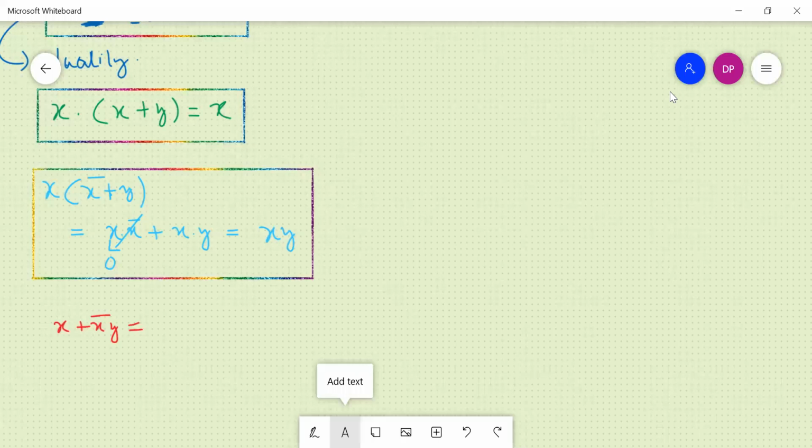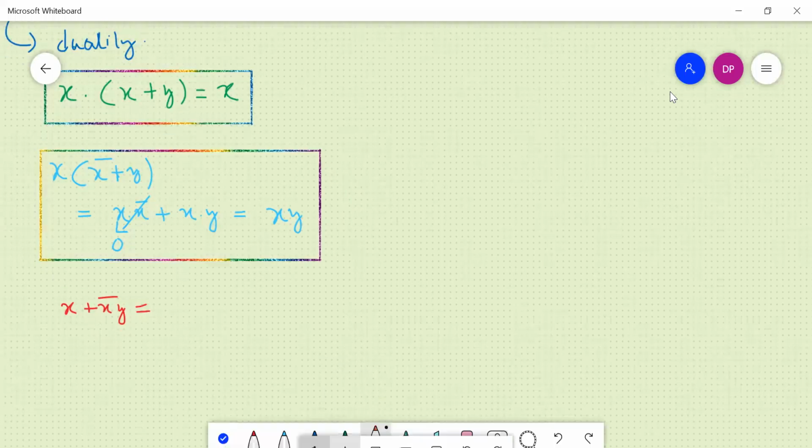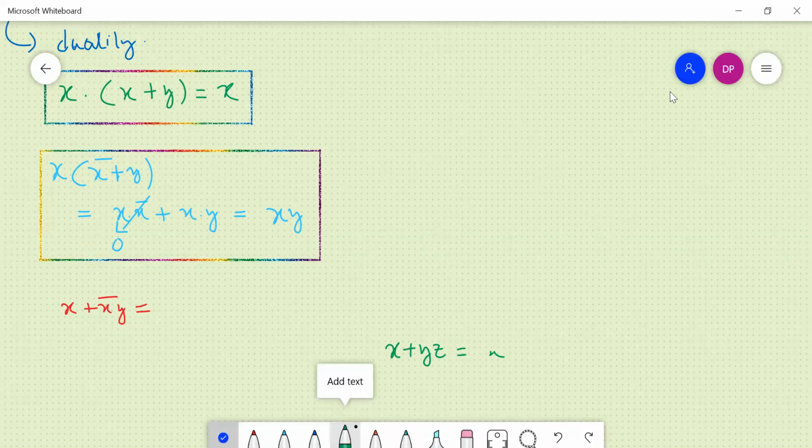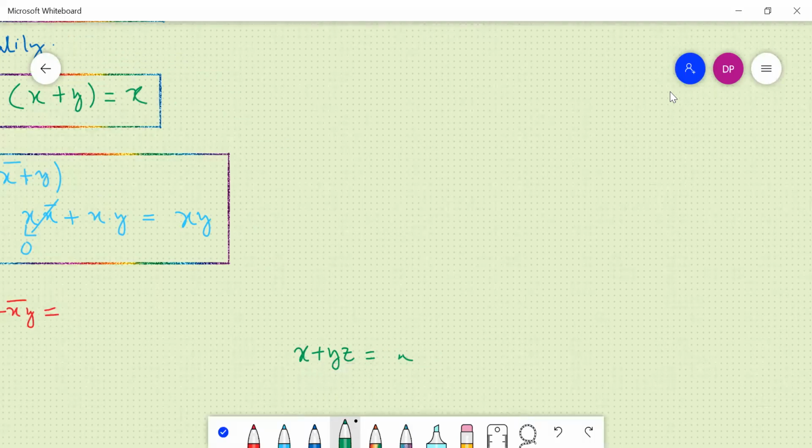What was the rule? x plus yz can be written as x OR with y, and x OR with z.